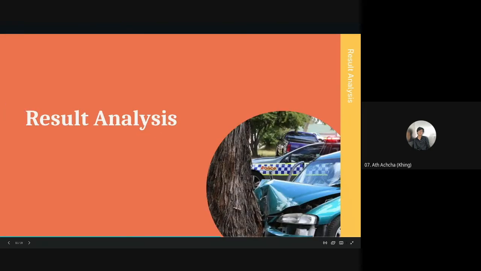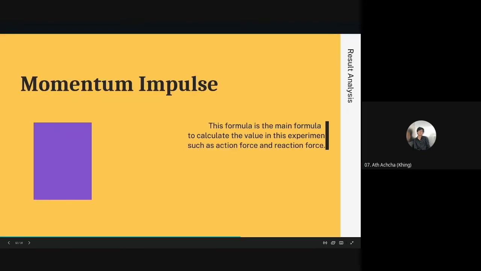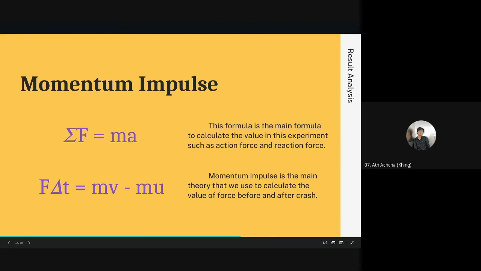So the next one is about the result analysis. Okay, in the part of the result analysis, the main formula that we use to calculate the values in this experiment is sigma F equals ma.